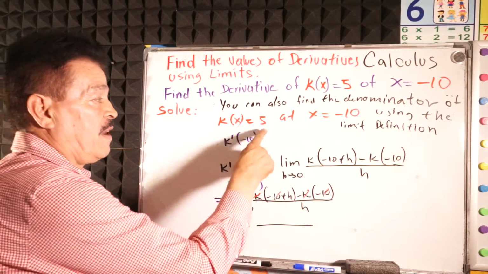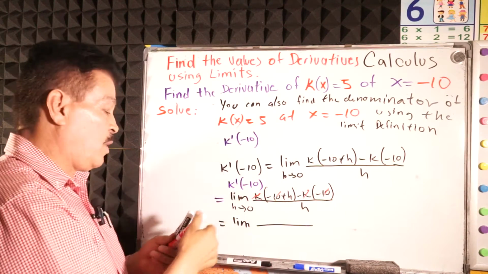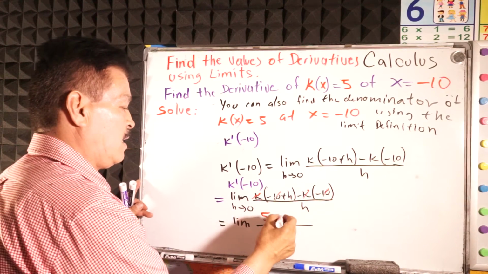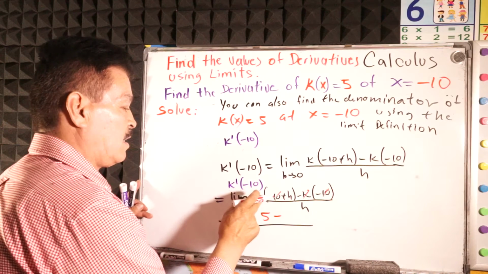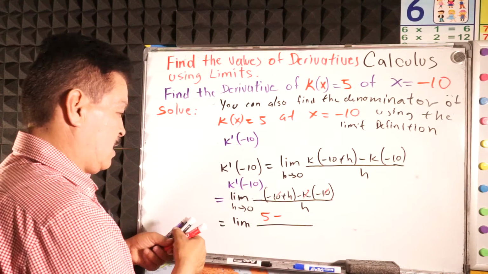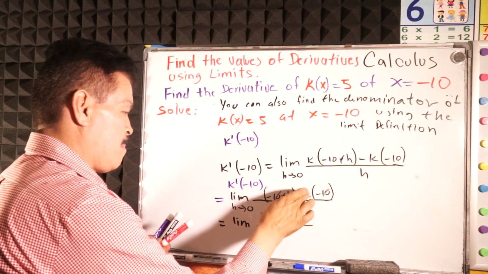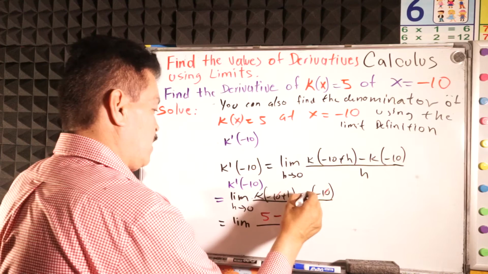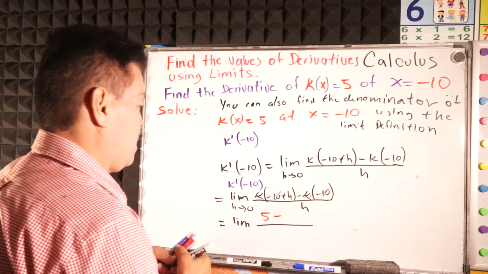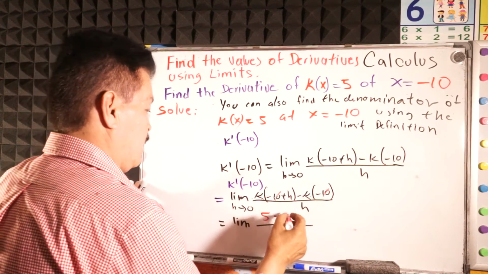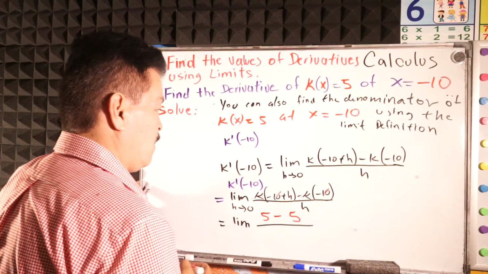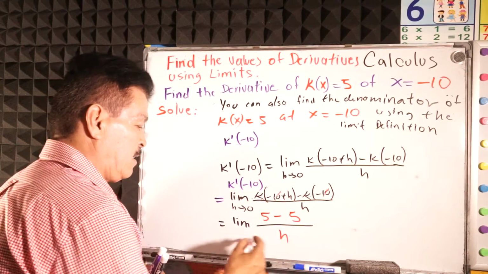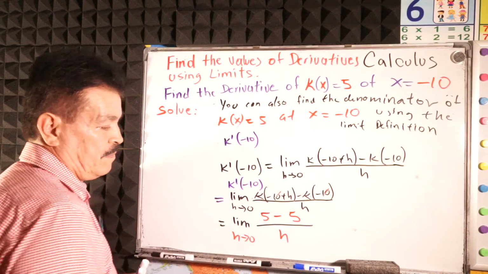Oh, but this is 5. Remember 5? We will have 5 minus, k, not cancel. It's k. So we'll have k of 5, negative 5, minus 5 divided by h, when h approaches 0.